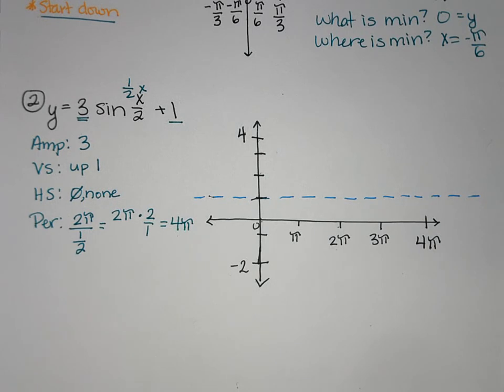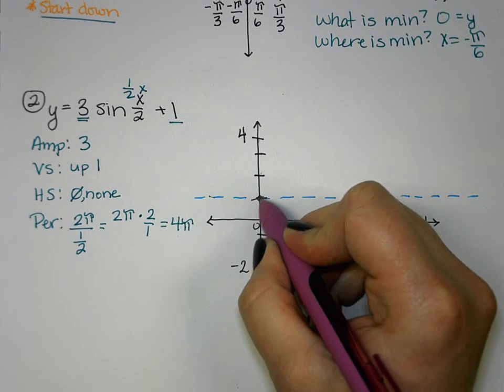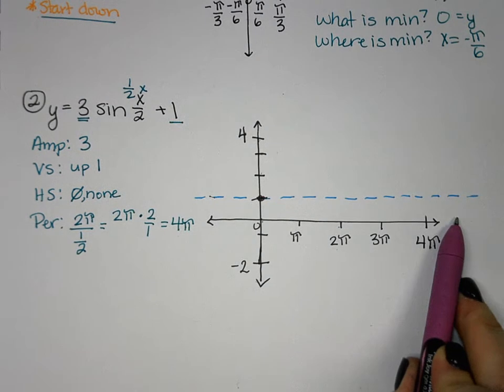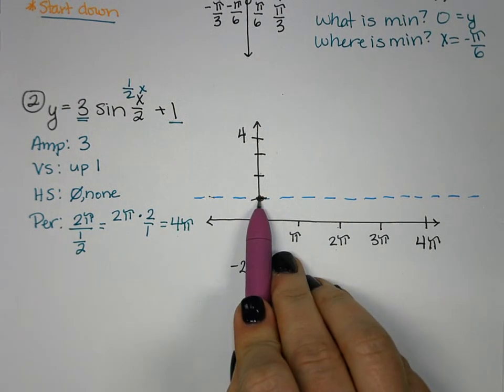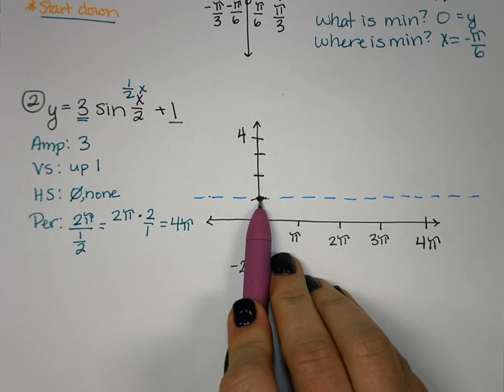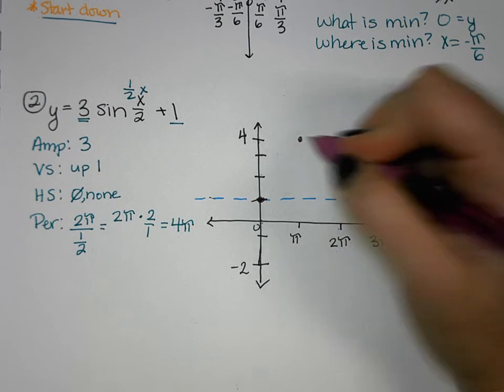So now I've got my graph marked, I know my pattern, I can go ahead and graph based on the pattern and my key points that I have. So I can start at 0, and again I'm starting at my new horizontal, my vertical shift, which I drew by the dotted line. I'm going to go up first since I didn't have the negative like the last one. So at pi I'm going to be up 3 at my highest point.